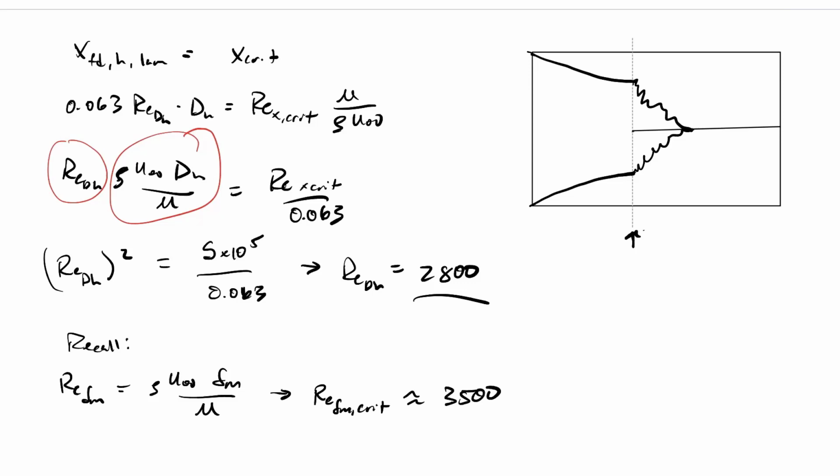So let's draw the velocity profiles again. Here, this is going to look something like this. We're still in laminar, so we have this velocity profile where in the center it's constant. But what does the velocity profile look like once we become turbulent?